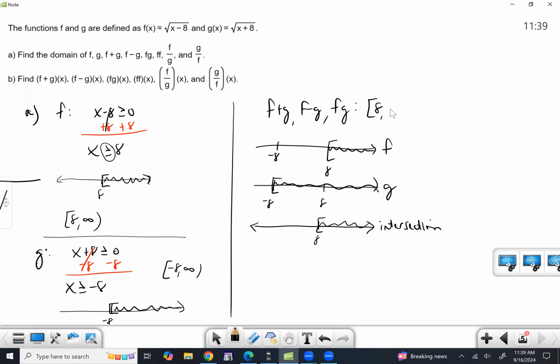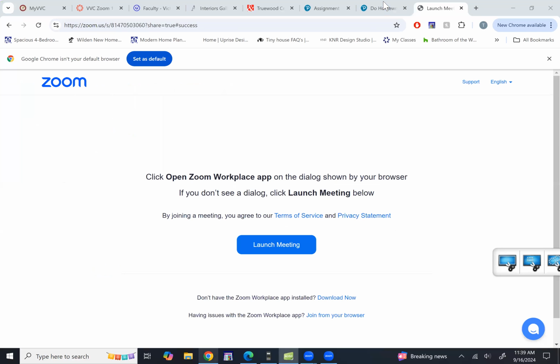If you look at that theorem in our class, it said f plus g, f minus g, and f times g is the intersection of the domains of f and g. And f divided by g or g divided by f is also the intersection, but exclude any values that make the denominator 0. So let's go put these in and see if they're right before we move on.